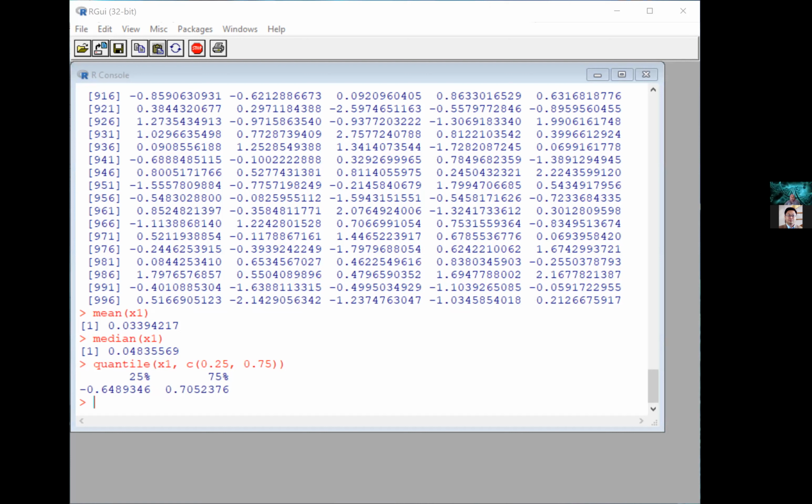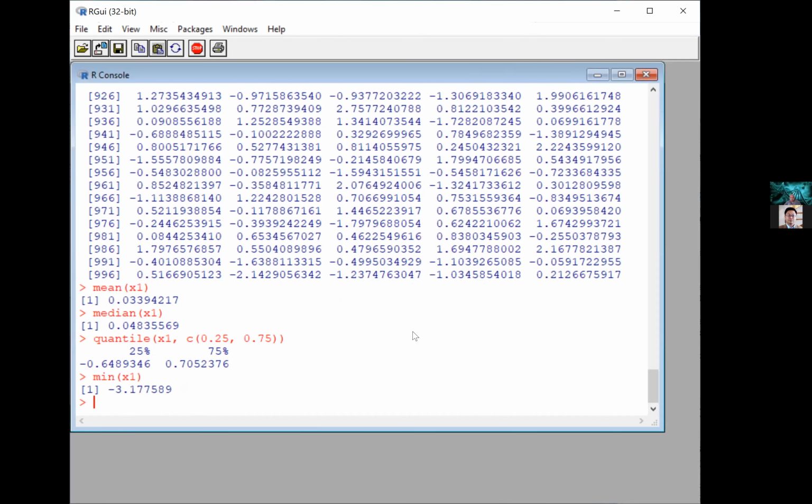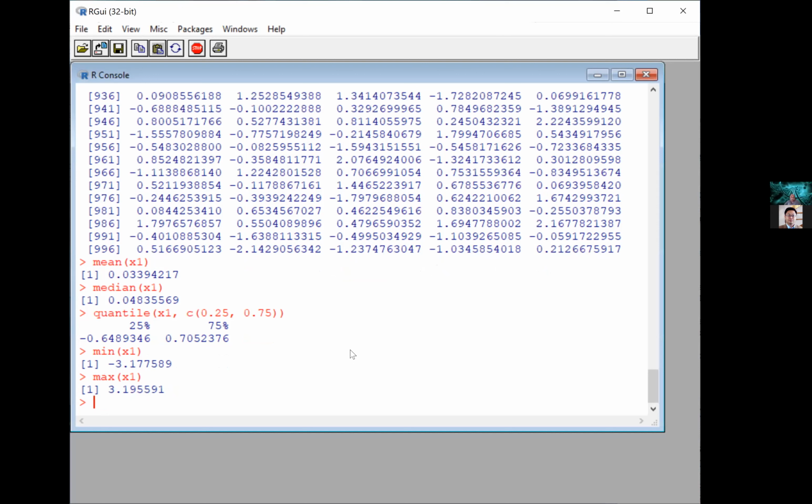The minimum value of X1, and the maximum. You got 996 lines with 4 rows, so that's almost close to 4,000 numbers.